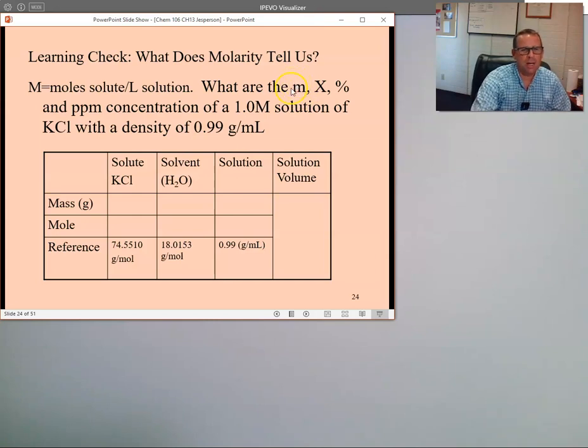That's right, molality. Now, can you remember, Leata, what molality means? Moles of solute per kilogram of solvent. Very good. Moles of solute, kilograms of solvent.